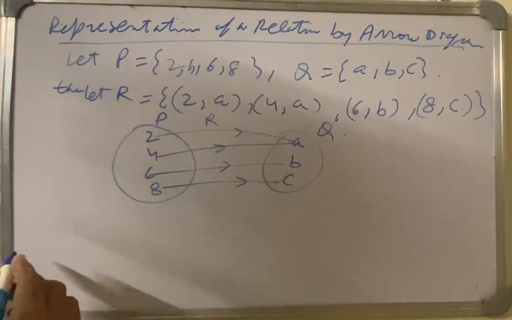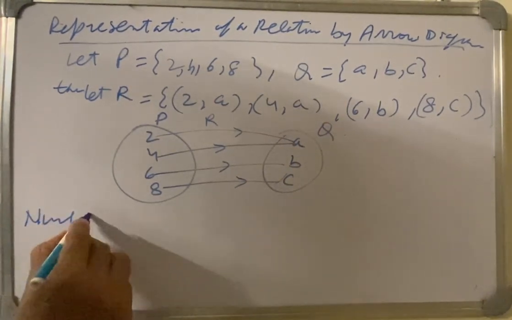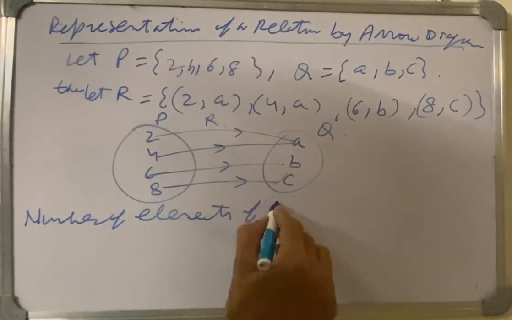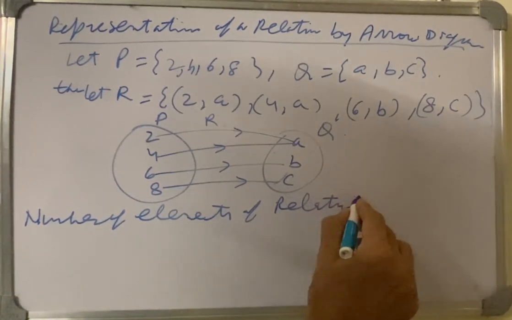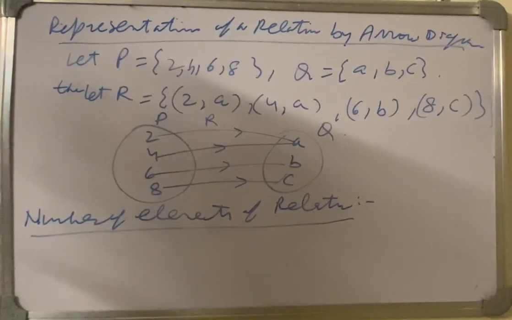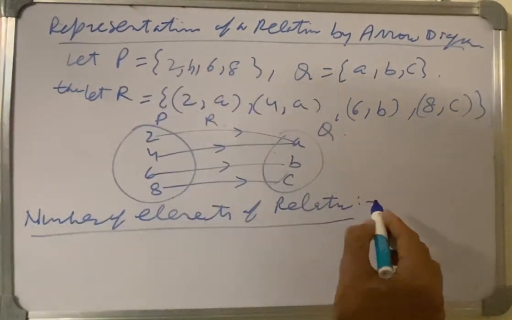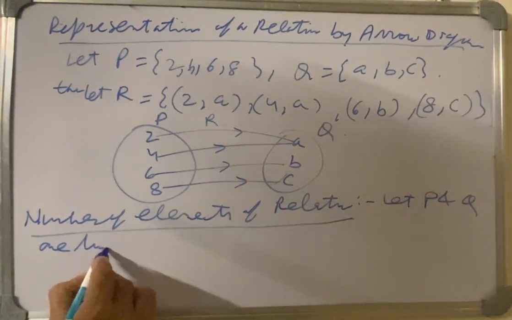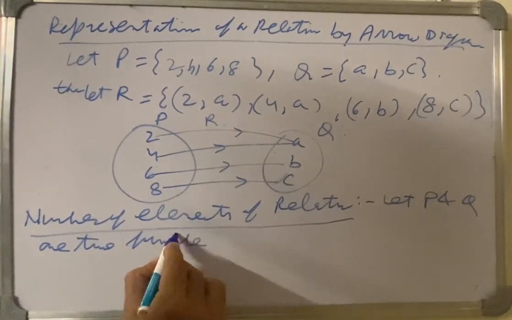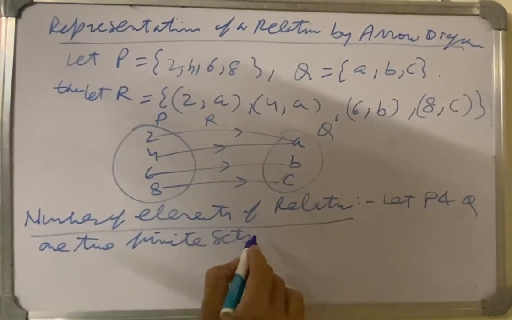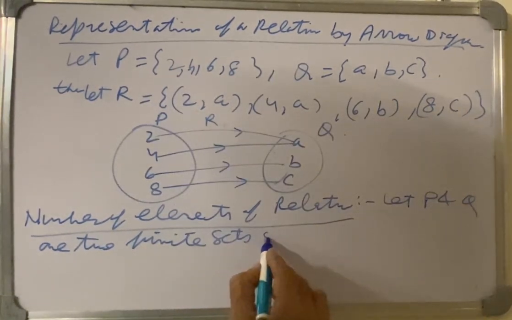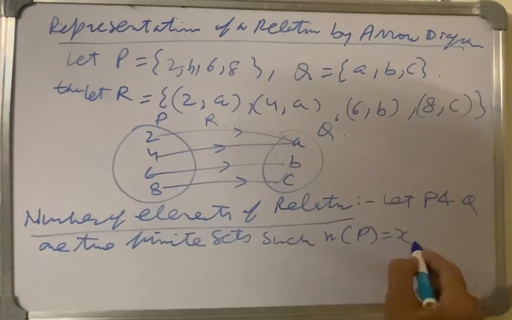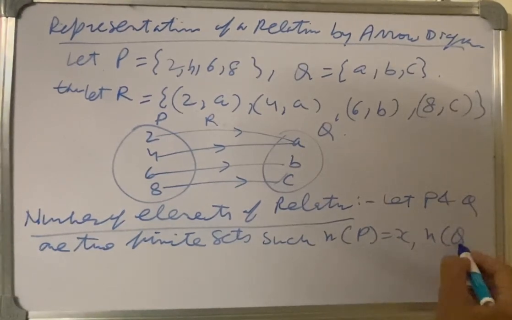Then number of elements of a relation. Let P and Q be two finite sets such that the number of elements in P is x, and the number of elements in Q is y.